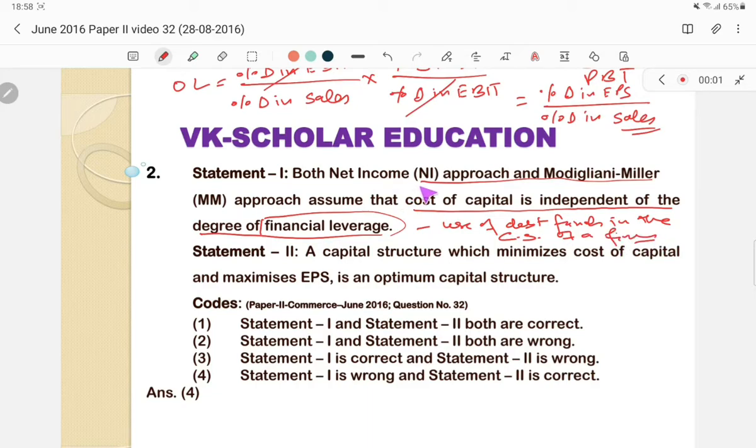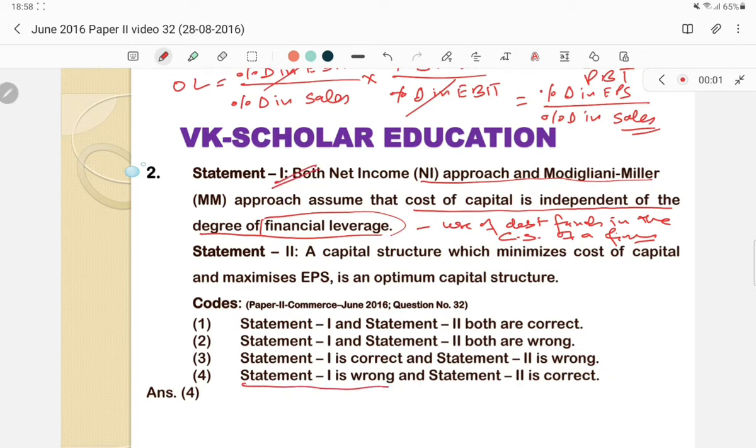So, net income approach given by David Durand is in favor of use of debt funds in the capital structure of a company. So, cost of capital is dependent on the degree of financial leverage as per the net income approach, and the MM approach assumes that cost of capital is independent of the degree of financial leverage. So, statement 1 is wrong.